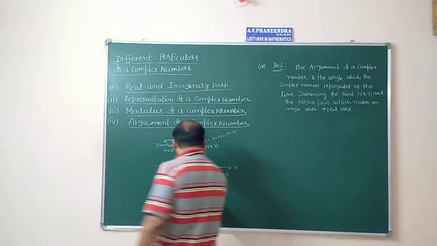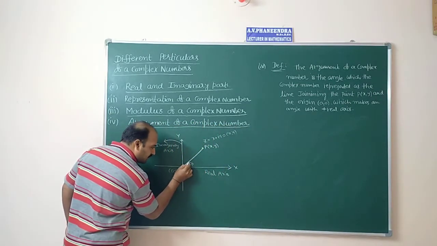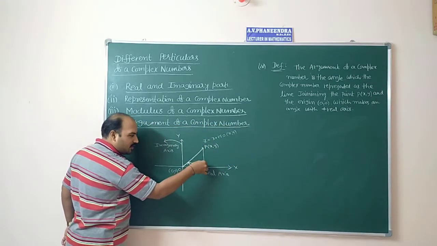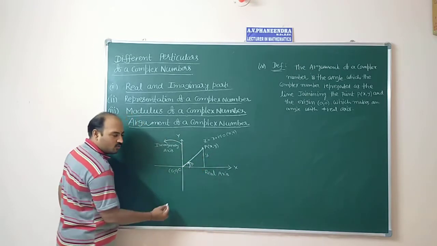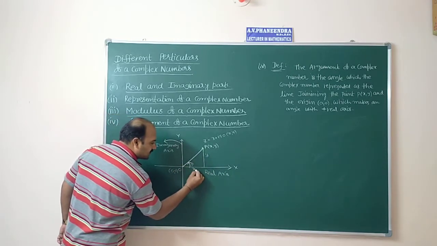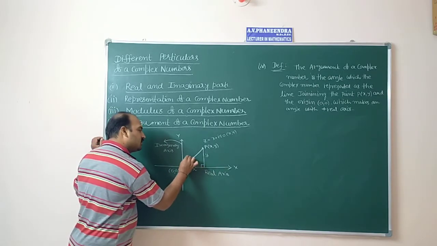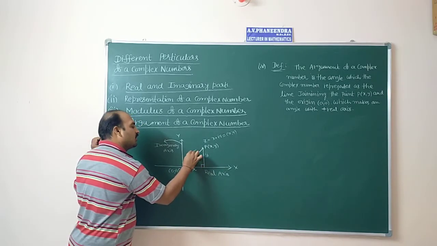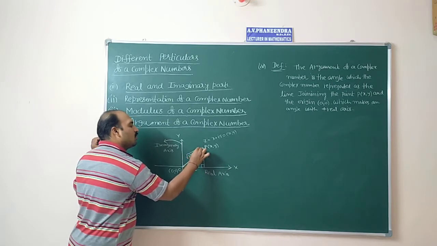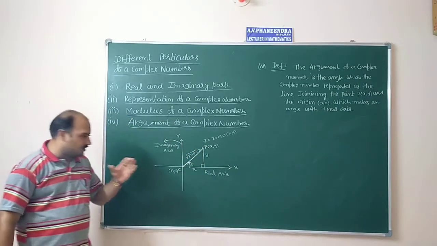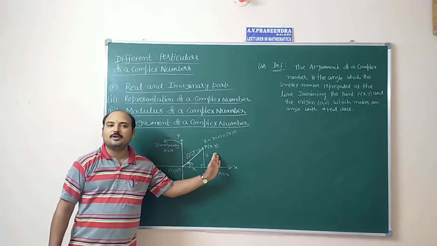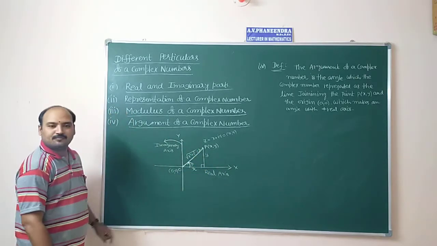So here, positive real axis, positive angle it is. From here to here the distance is y. From here to here the distance is x. It is a right angle triangle. The hypotenuse is root of x square plus y square, the distance between the origin and the point in the complex plane.